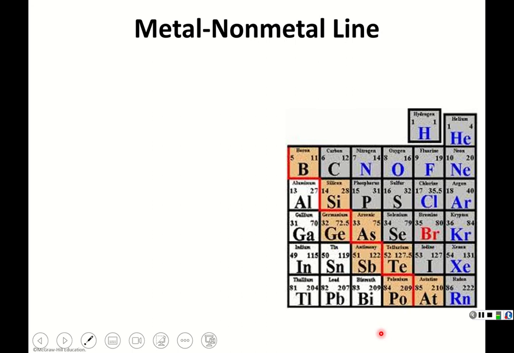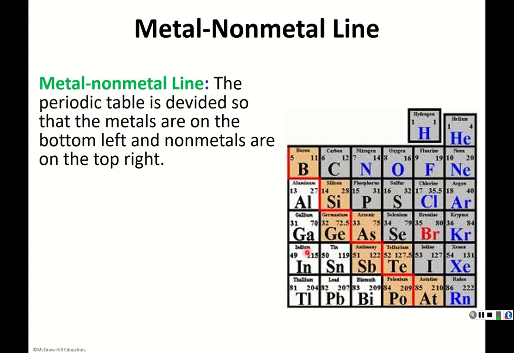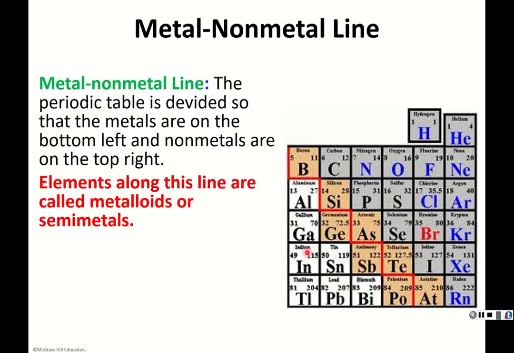Now, let's talk about that line in the periodic table, that sort of staircase. And we refer to this as the metal-nonmetal line. In general, everything over here are nonmetals, everything to the left are metals. Okay. The elements along the line are called metalloids or semi-metals.